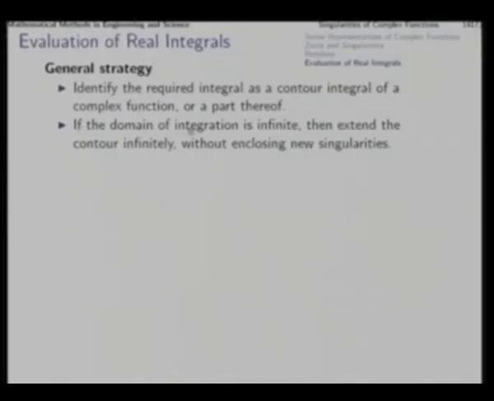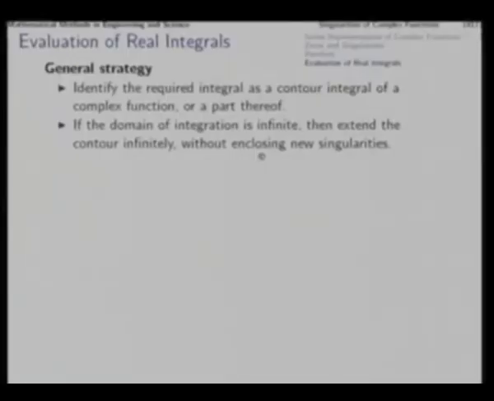Now if the domain of integration is infinite, then we work out a domain which can be easily extended to the infinite contour without including any new singularities, and then as we find that the part of the contour is our actual real domain of integral and the integral over the rest of it vanishes, then we can evaluate the real integral by the use of the contour integral.